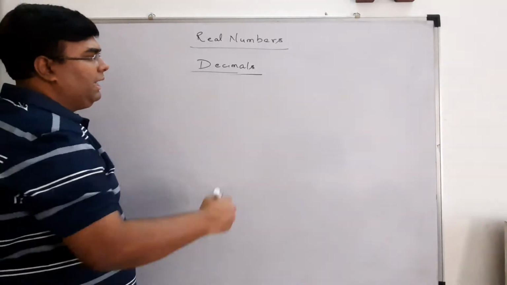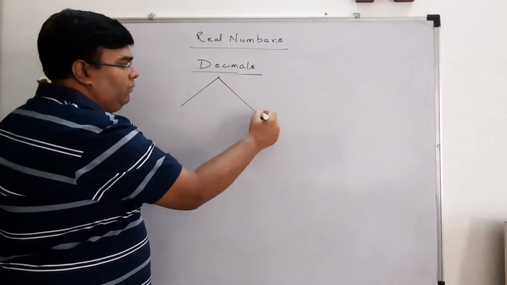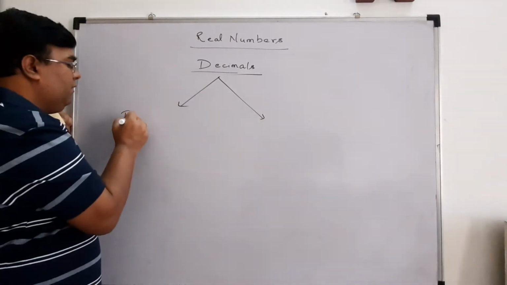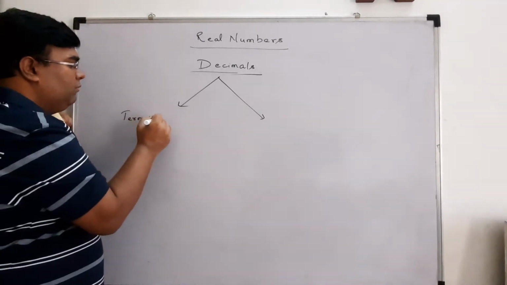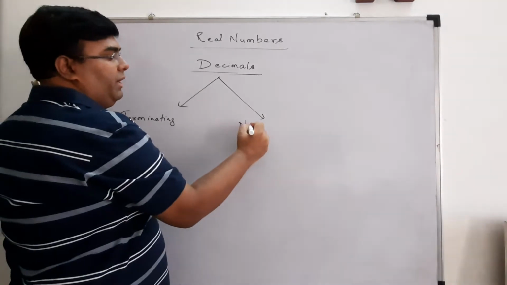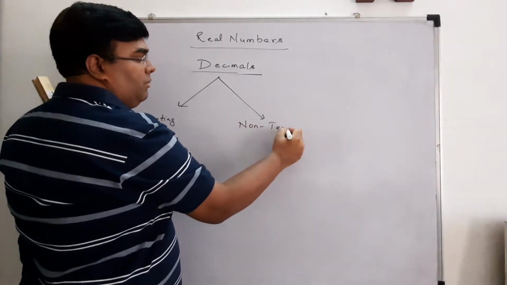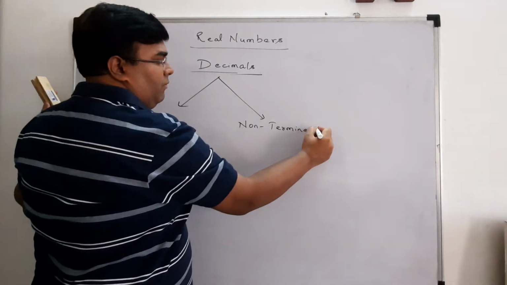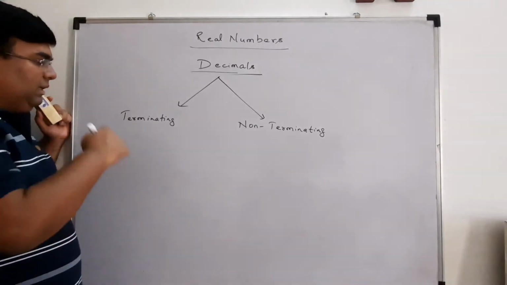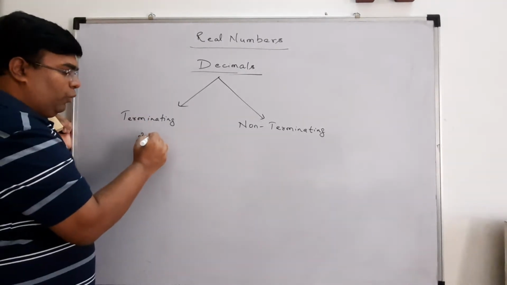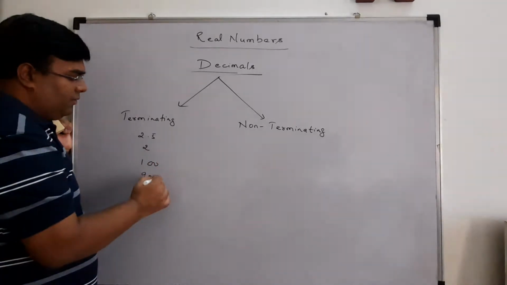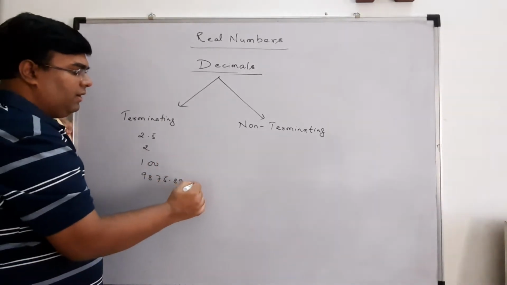Decimals can be divided into two types. One is terminating, another is non-terminating. What is the meaning of that? Terminating examples: 2.5, 2, 100, 9875.89756.